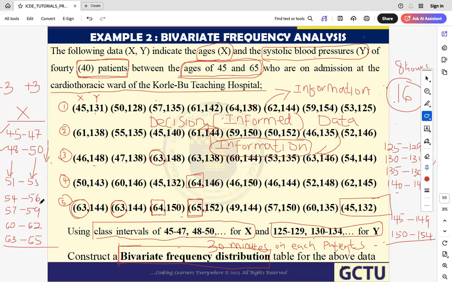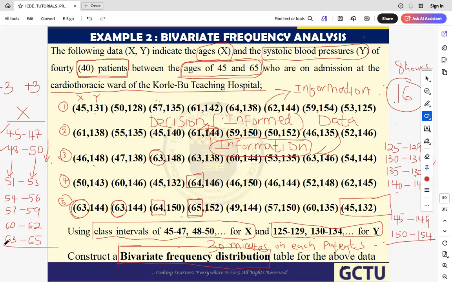You add 3 to 53, you have 56. You add 3 to 54, you have 57. You add 3 to 56, you have 59. You add 3 to 57, you have 60. You add 3 to 59, you have 62. And then finally, you add 3 to 60, you have 63. You add 3 to 62, you have 65.